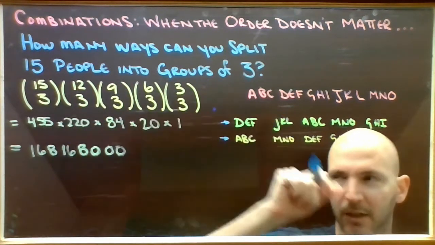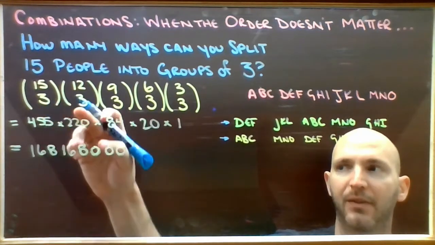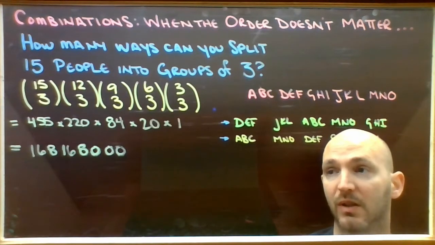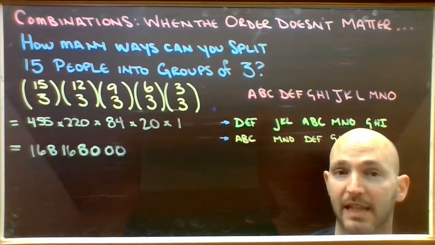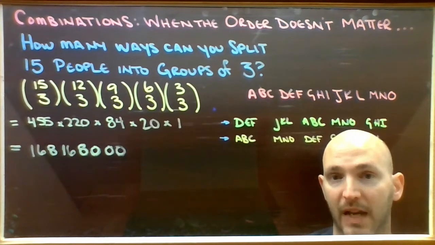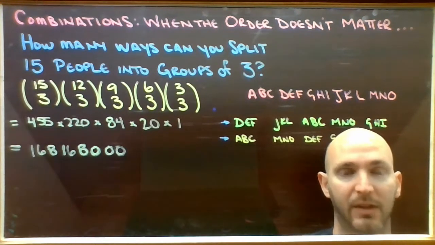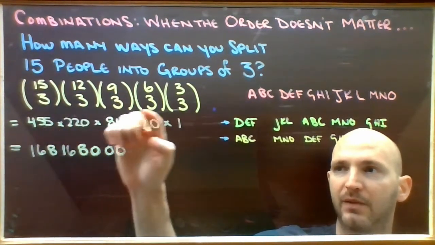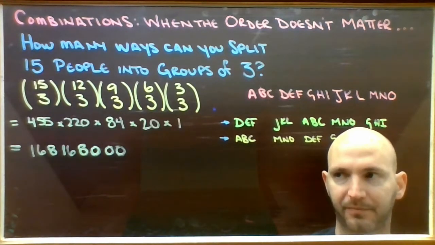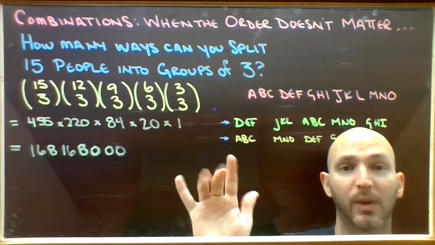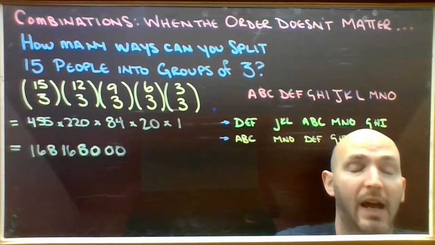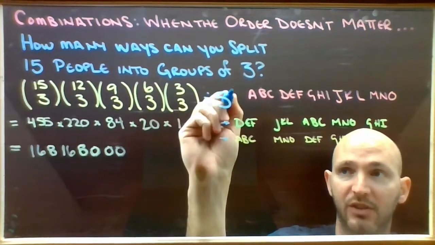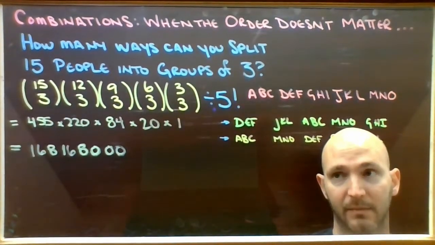So what I've done here, by choosing 3 and 3 and 3 and 3 and 3, is I imposed some order artificially on this counting. And if I do that, I have to remember to take it back out again when I'm done. So if I look at this, I have 1, 2, 3, 4, 5 groupings here. So 5 groups, and I have to get rid of the order of those groups. So anytime we've gotten rid of order, we've divided by the permutations of those 5 objects.